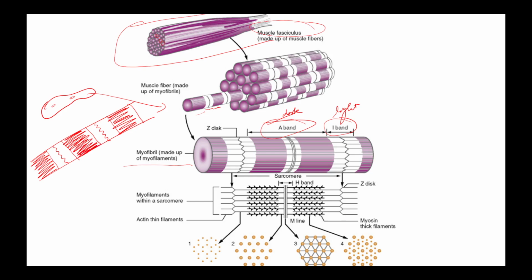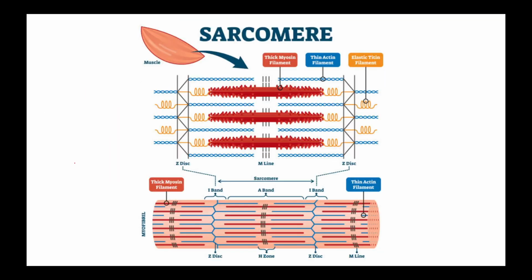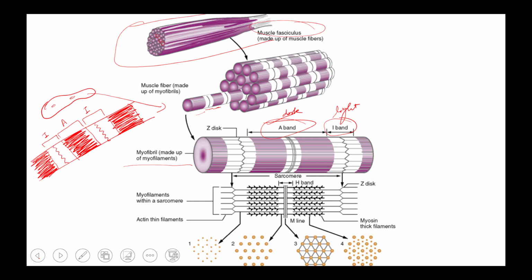This is the dark band, light band, and light band. And this zigzag line is referred to as the Z disc.